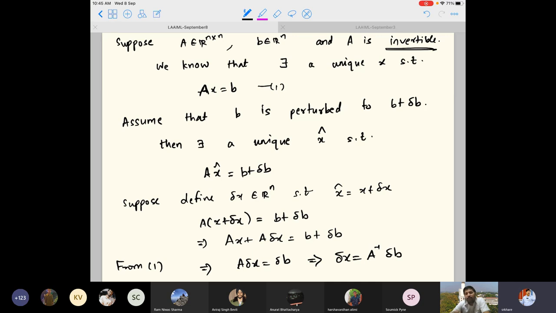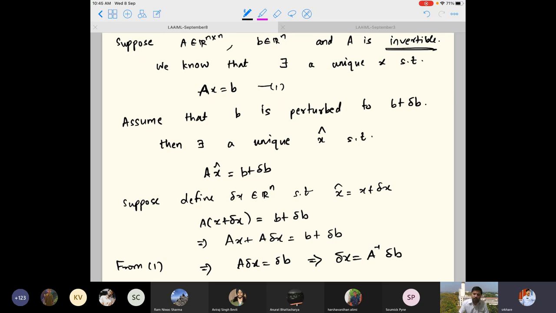The answer is obviously not, because we have seen an example in the last class where the delta B perturbation was comparatively very small with respect to B, but the change in x, which was delta x, was really very large compared to x, right? So we obviously cannot make such a statement. But can we say in what cases this change will be really very small? That's what we are really trying to understand.